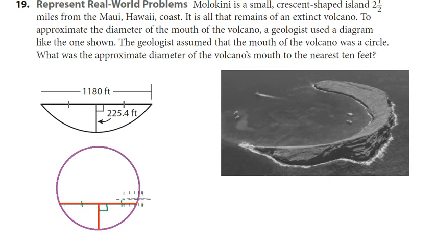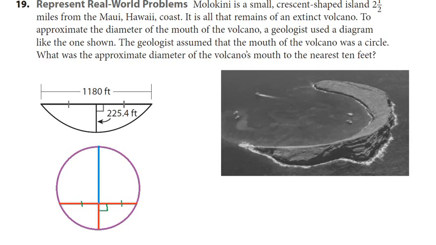If you have a chord in a circle and you draw another line segment that's perpendicular to that chord, and it bisects that chord, then we know mathematically, class, that this segment right here must be a diameter. This is a diameter of the circle.